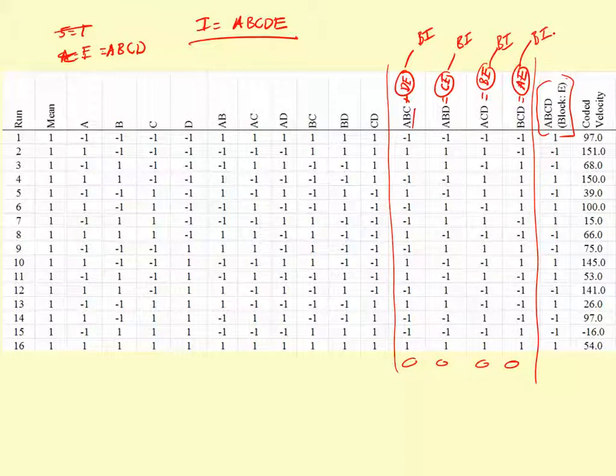So all four of these represent things that are higher order, confounded with blocking interactions. In both cases, I think they're noise. So we can take their effects and use those to get SE. Square them, add them all up, divide by how many? 4, and then take the square root. Okay, very good.